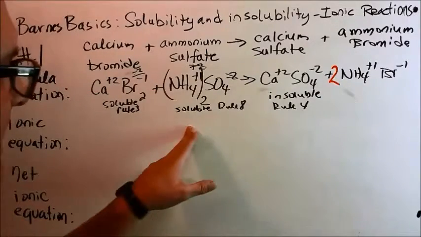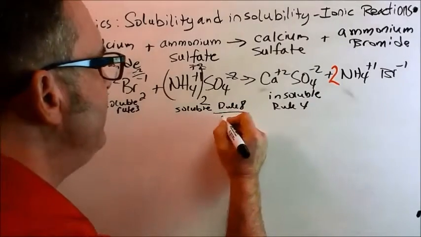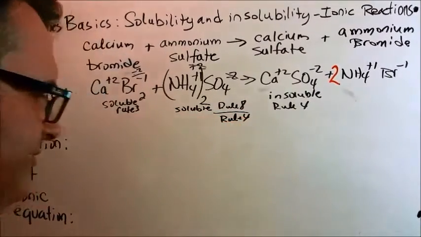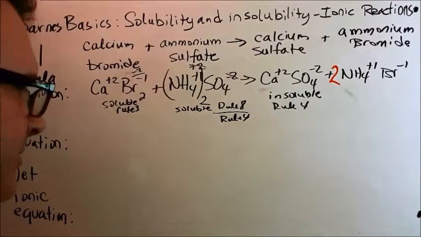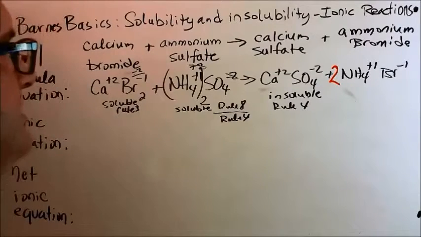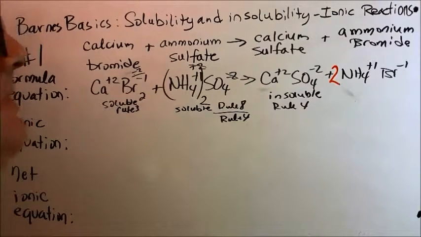By the way, if we look back at this problem, this has a sulfate in it as well, and it's soluble according to Rule 4. Remember that Rule 4 says that all sulfates are soluble except barium, lead, calcium, and strontium, and that's not any one of those, so we can mark that as soluble.